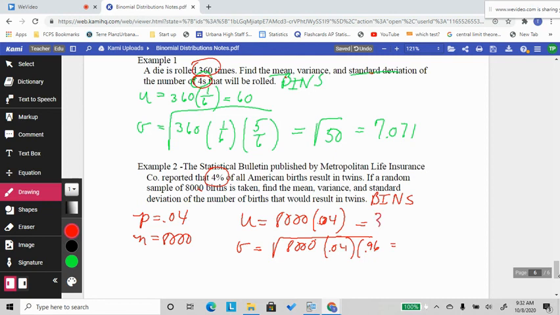So on average, you're going to have about 320. And then the standard deviation, I'm getting square root of 307.2.